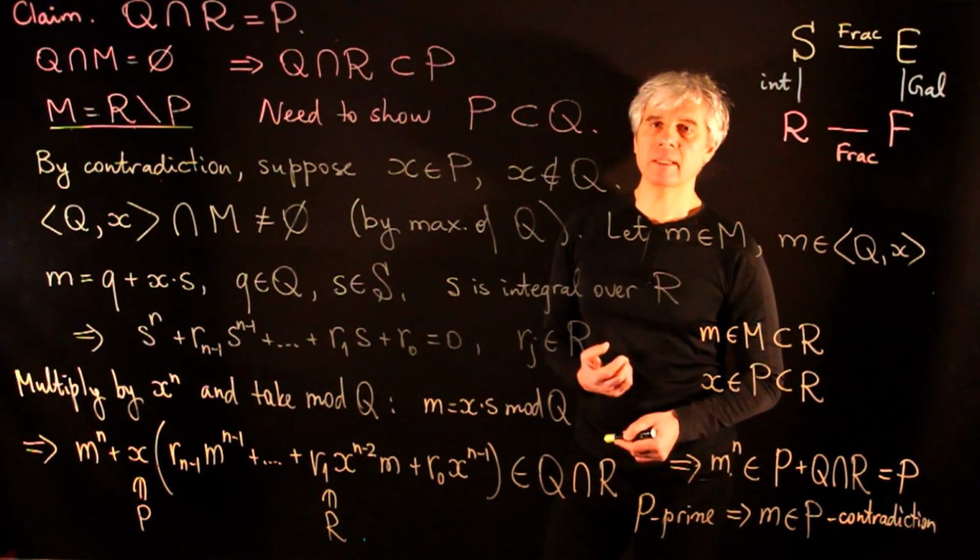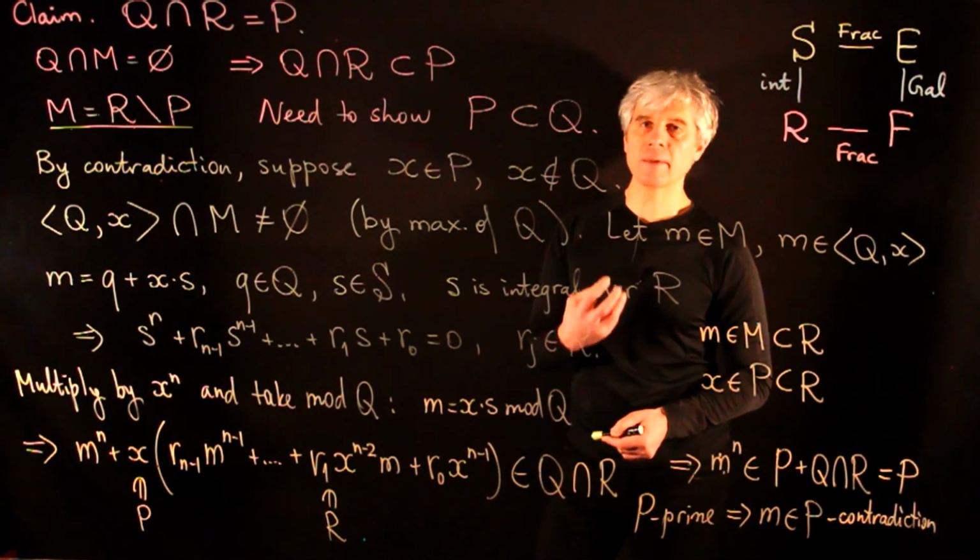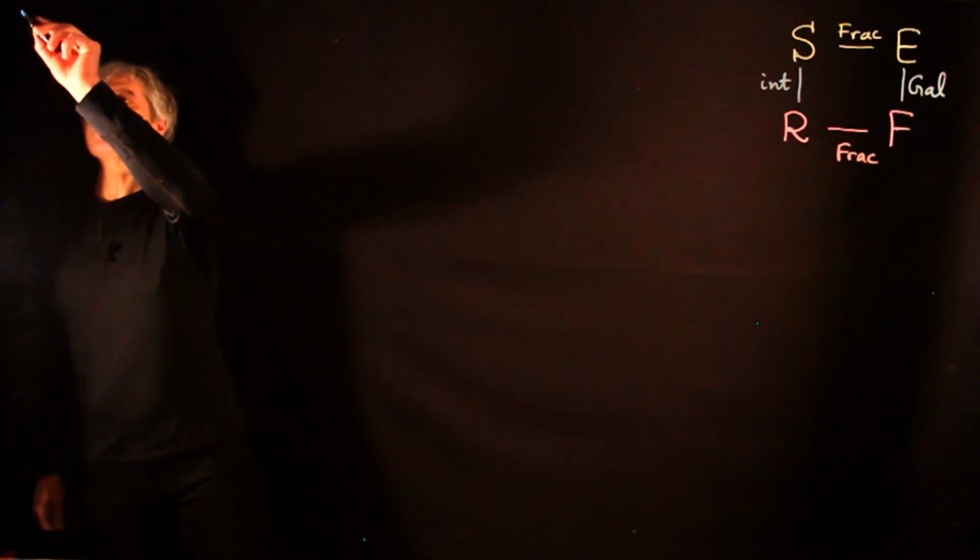Our next result tells us that we cannot have nested ideals in S lying over the same ideal in R. Proposition.